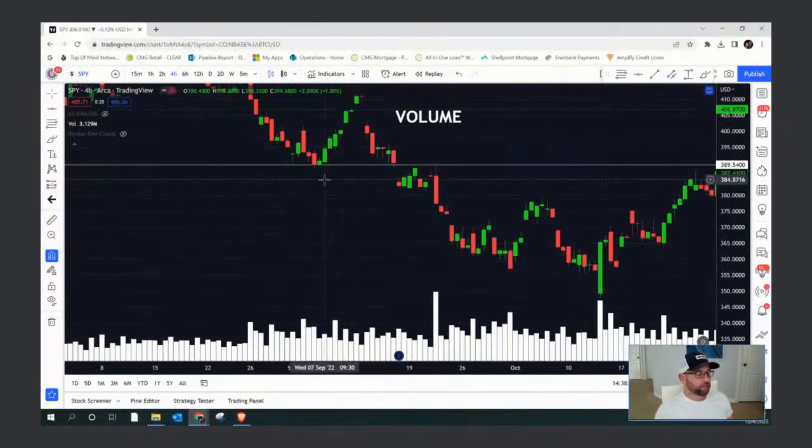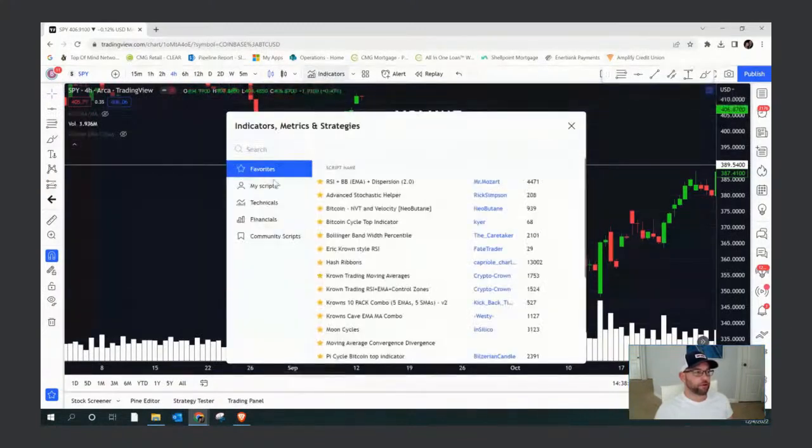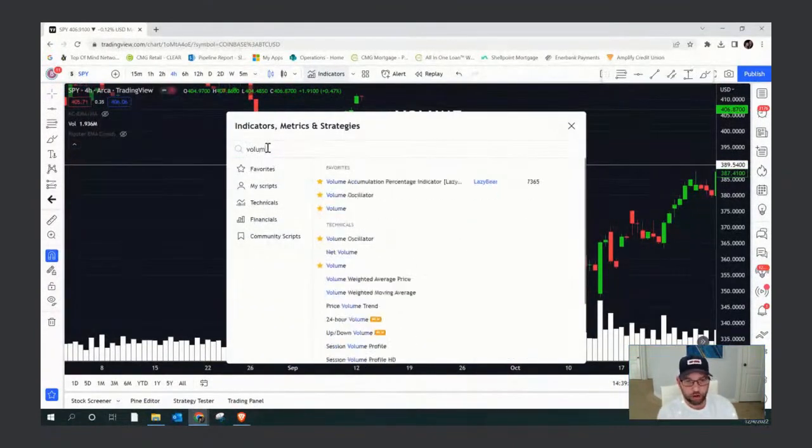Before we leave, let me show you this really quick. Right here on your TradingView website, you're going to have this indicators tab, and you can click that indicators tab. I've got a bunch of favorites, but volume is a pretty standard indicator, so that should be in there. You can just type in up here in the search bar what indicator you're looking for, and it'll pop up right there.